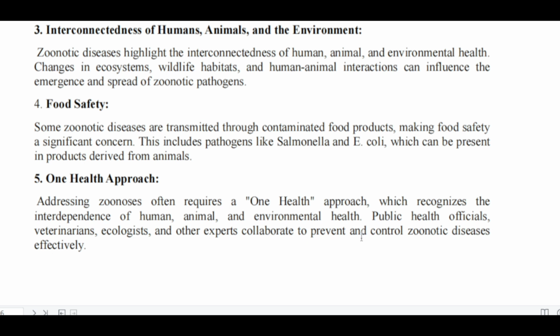Just like when there's an outbreak, researchers from all aspects have to come together before they can identify which one is actually causing the disease, especially if it is an emerging disease.